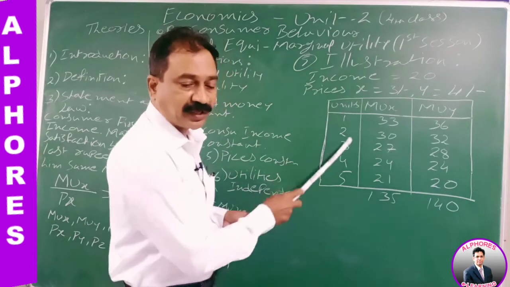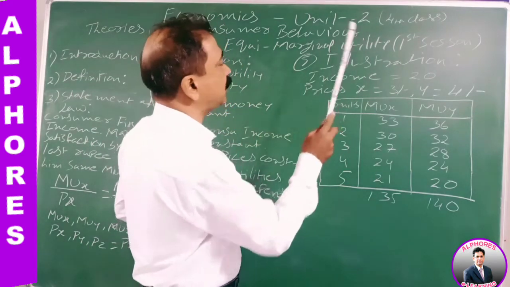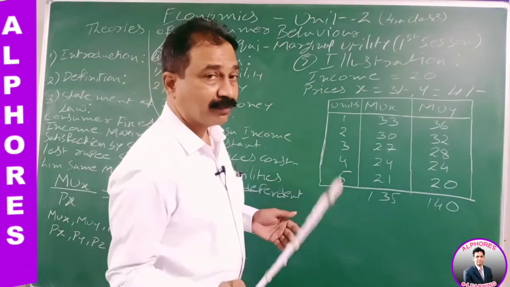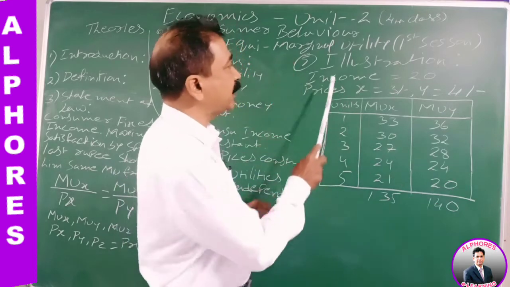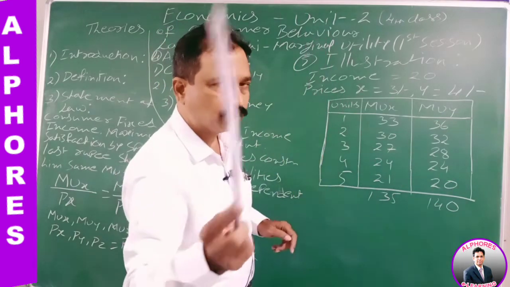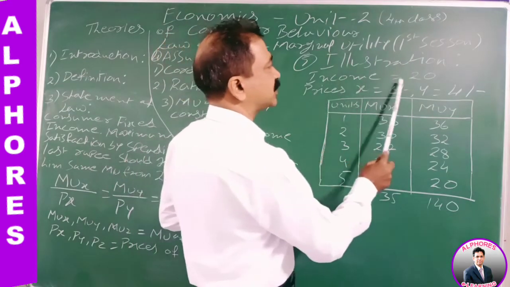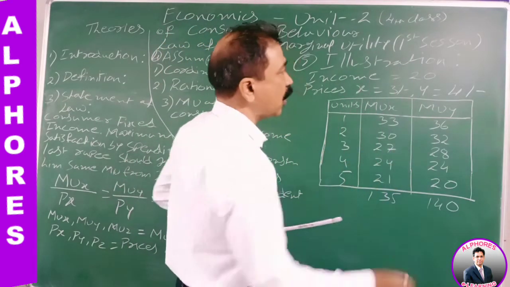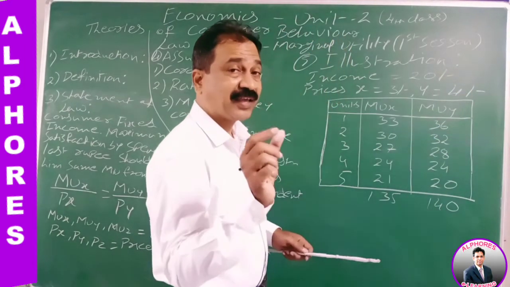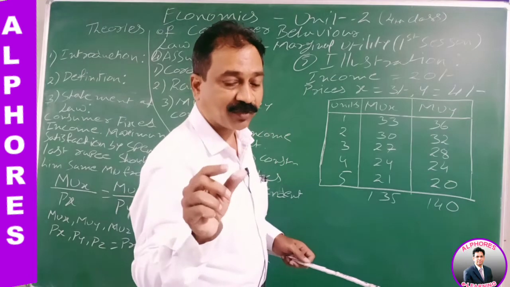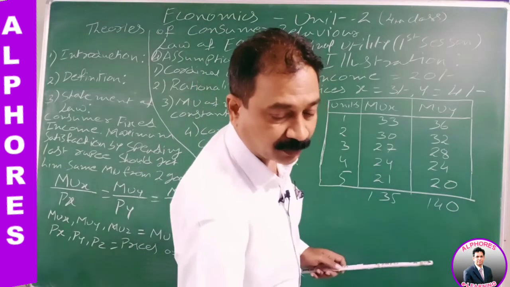Here we will start the illustration, or explaining, of equimarginal utility. Here we have to have some assumptions like the consumer. Let us say it is you. Who is the consumer? It is you. Your income is fixed, 20 rupees. How much income do you have? 20 rupees. That is the money which you are using.